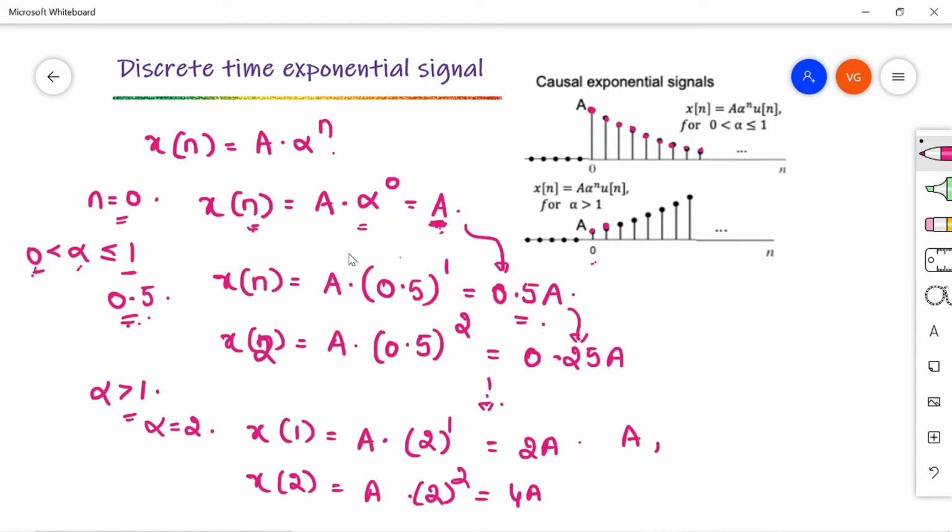So a, 2a, 4a, the amplitudes keep on increasing when you are taking alpha greater than 1. See here, this will indicate an exponentially increasing curve, right? So this is all about exponentially decreasing and exponentially increasing discrete exponential curves.